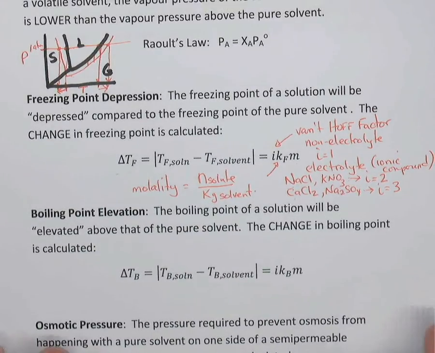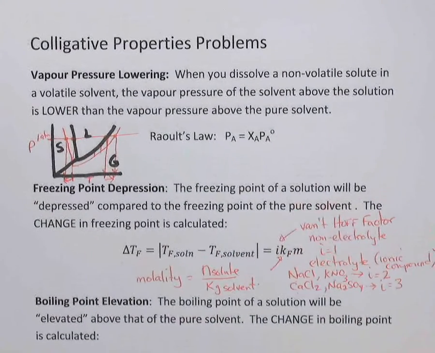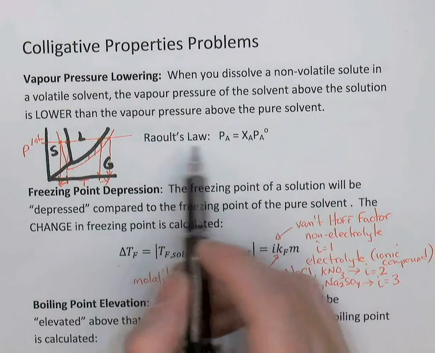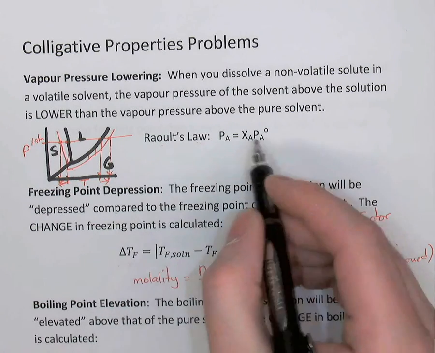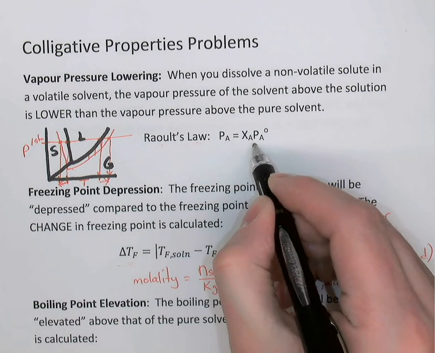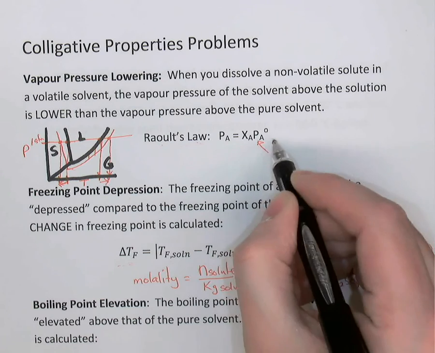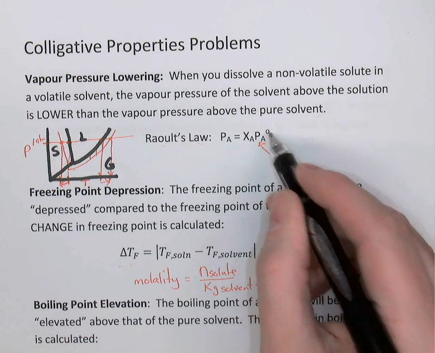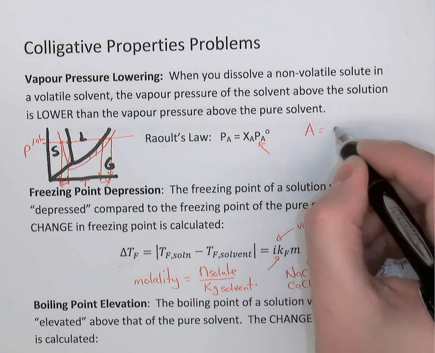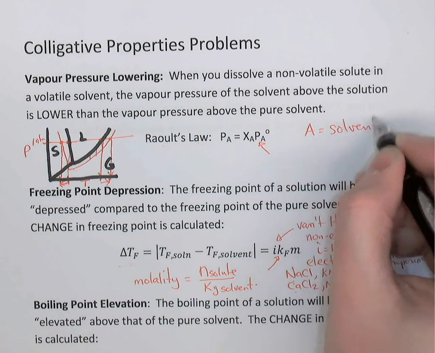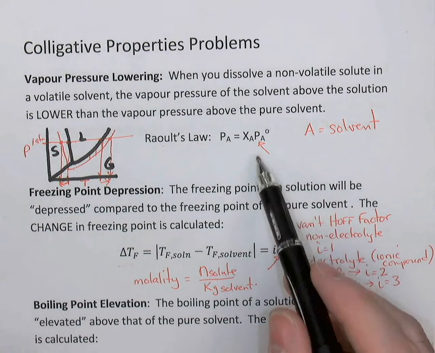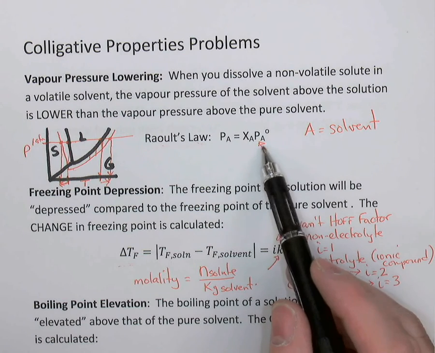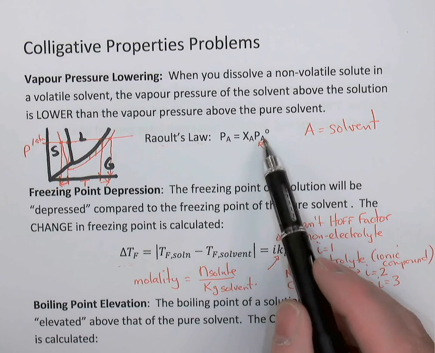Now I just realized that I overlooked the equation at the top here to describe vapor pressure lowering. That was based on Raoult's law. Raoult's law says that if you know the vapor pressure of the pure solvent, that's what this PA degree symbol means. The A is our solvent. If we were dealing with a real problem, we wouldn't just use an A, we'd use a more descriptive subscript. For example, water, you might say PW.